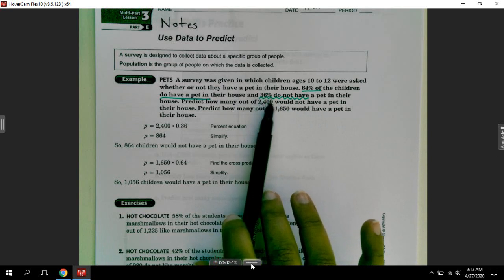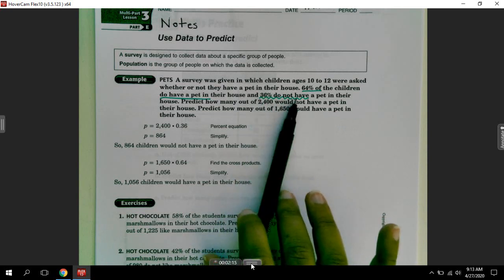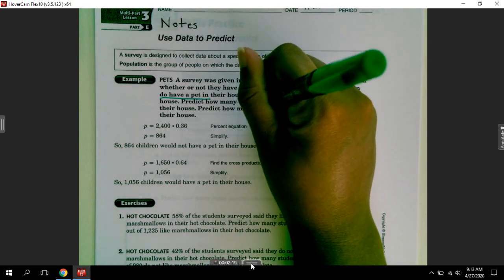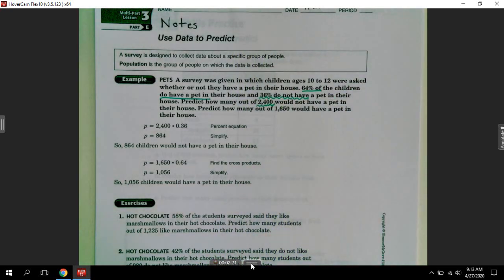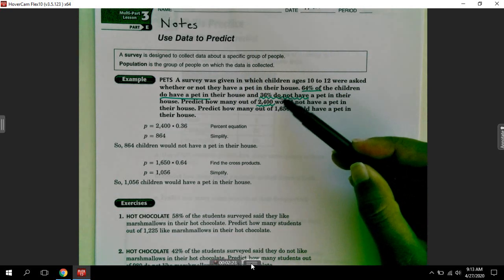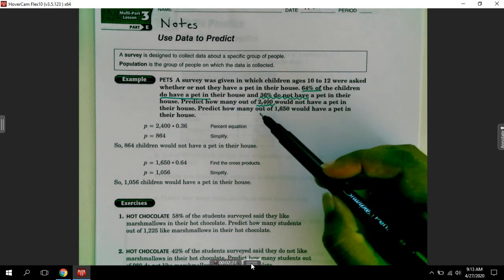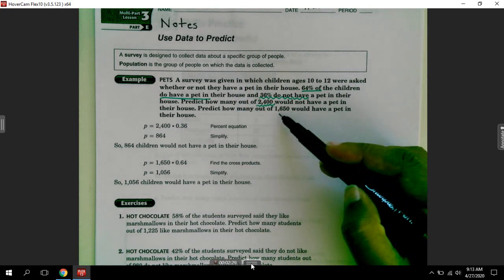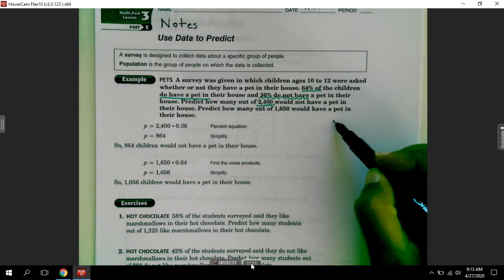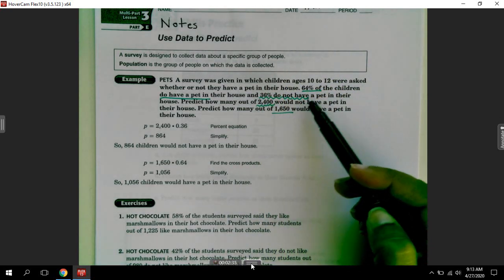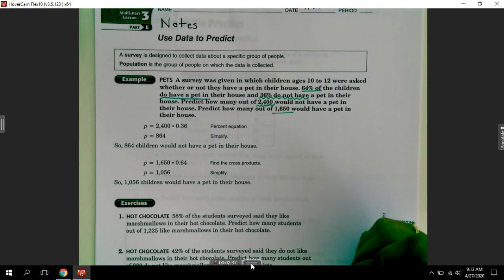So with the percent that do not have a pet, I squiggly lined, so I'm going to squiggly line my 2,400, because those both go with not having a pet. And then it says to predict how many out of 1,650 would have a pet in their house. So I'm going to underline that 1,650 so I know that it goes with the 64%.